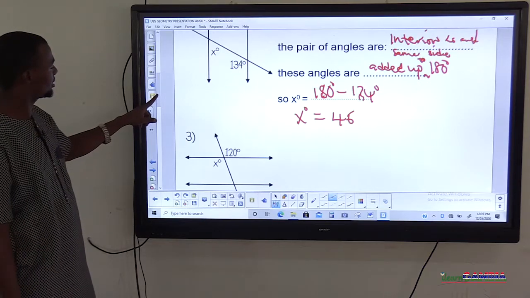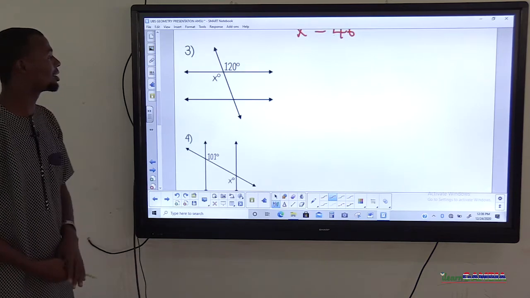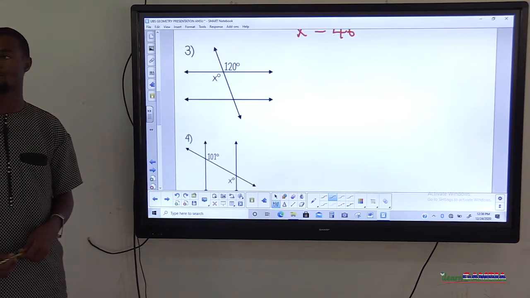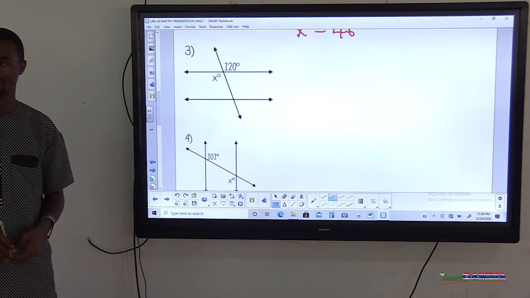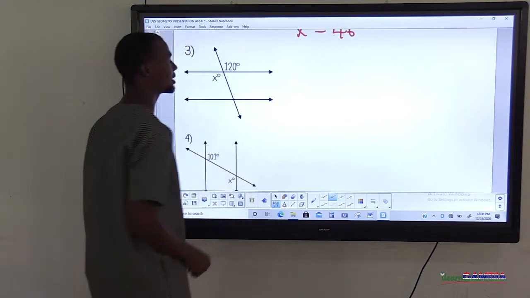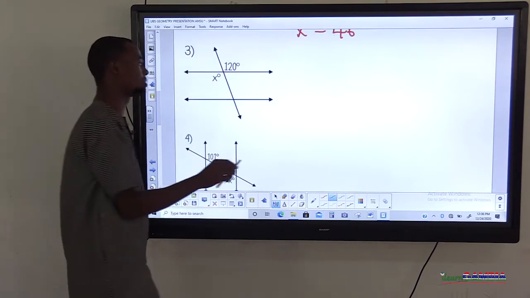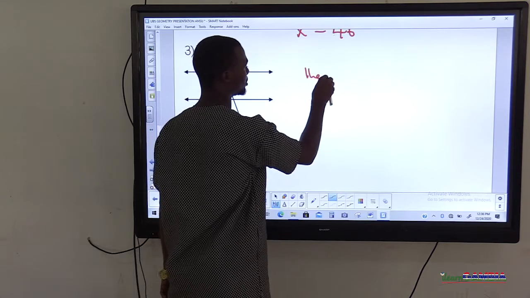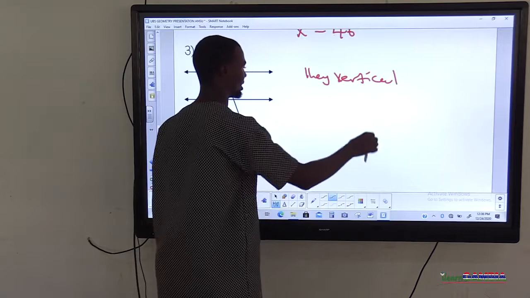We look at the third question. How do we find x? What type of angles are x and 128? They are vertically opposite angles, vertical angles.